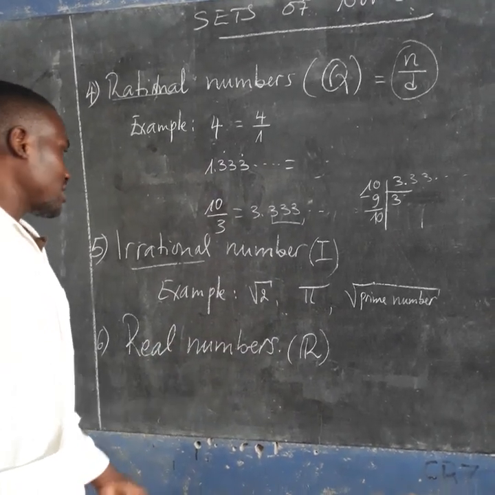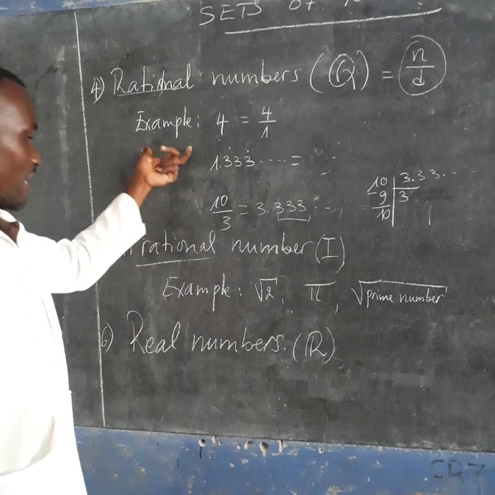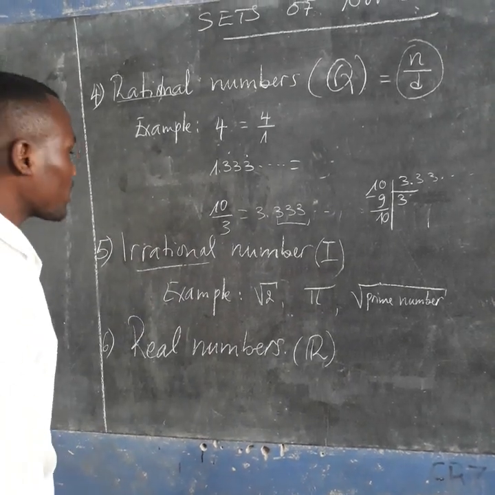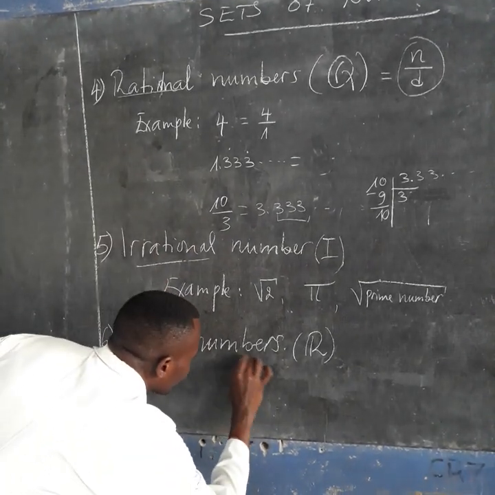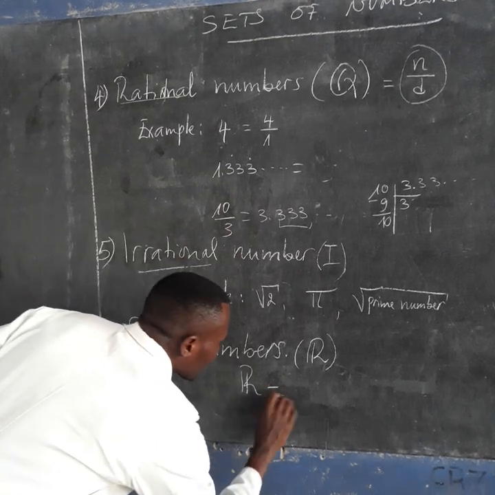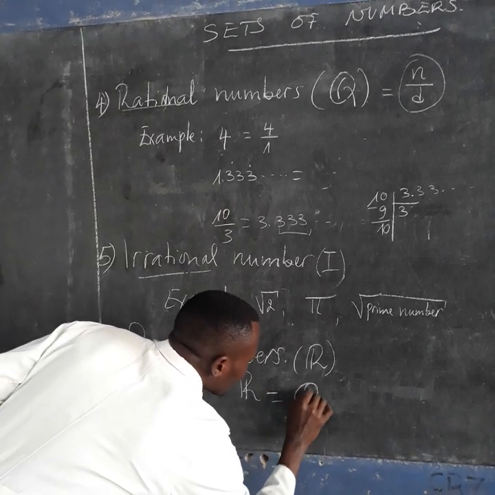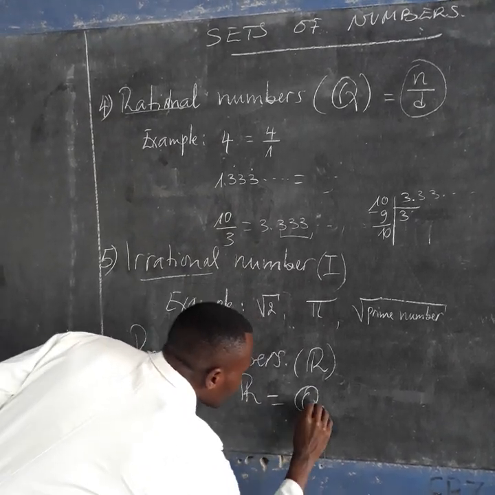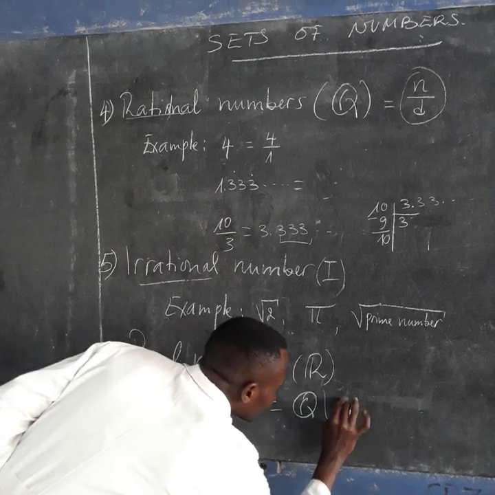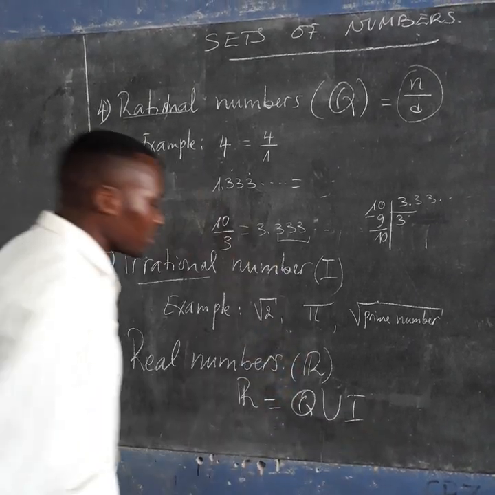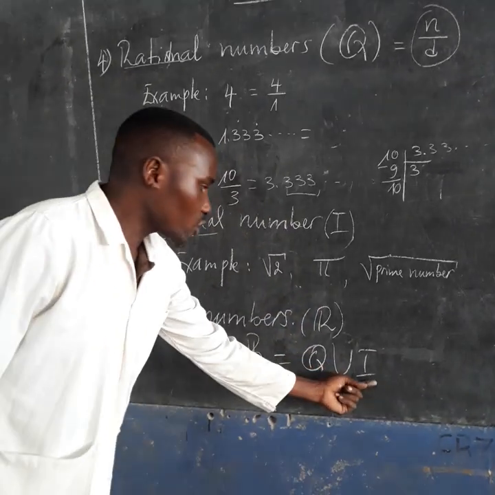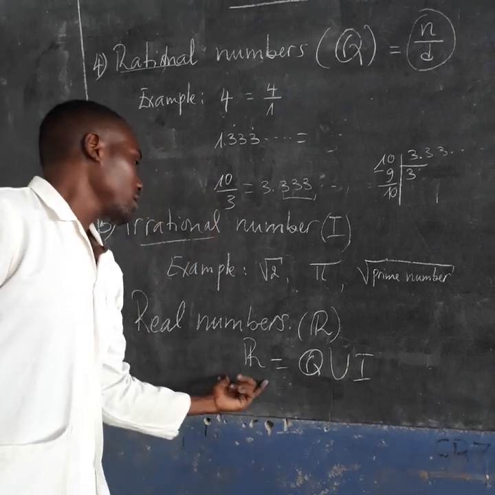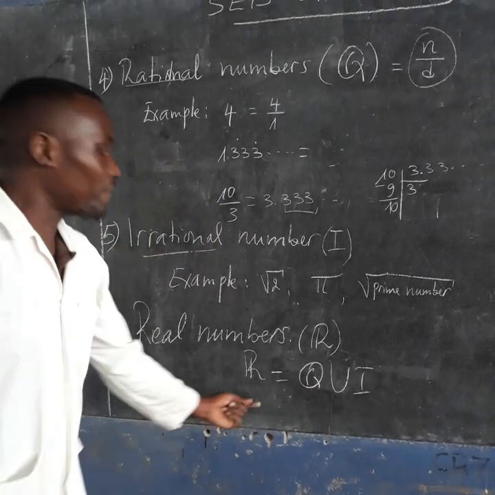Within these numbers, there are rationals and irrationals. So real numbers include rational and irrational numbers. All rational numbers and irrational numbers combined together yield real numbers.